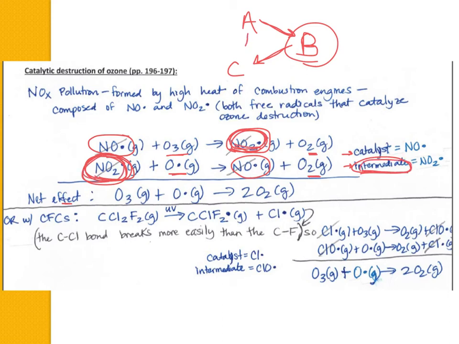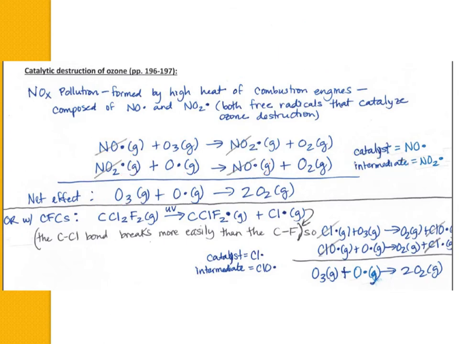There is a reaction that's the direct pathway from A to C. This reaction we looked at as part of ozone's dissociation on its own. The thing is, having this intermediate allows it to happen more quickly. But here's the catch. This intermediate wouldn't exist but for the original catalyst. The catalyst is the thing that starts off the reaction, and you can see that it comes out of the end reaction unchanged.